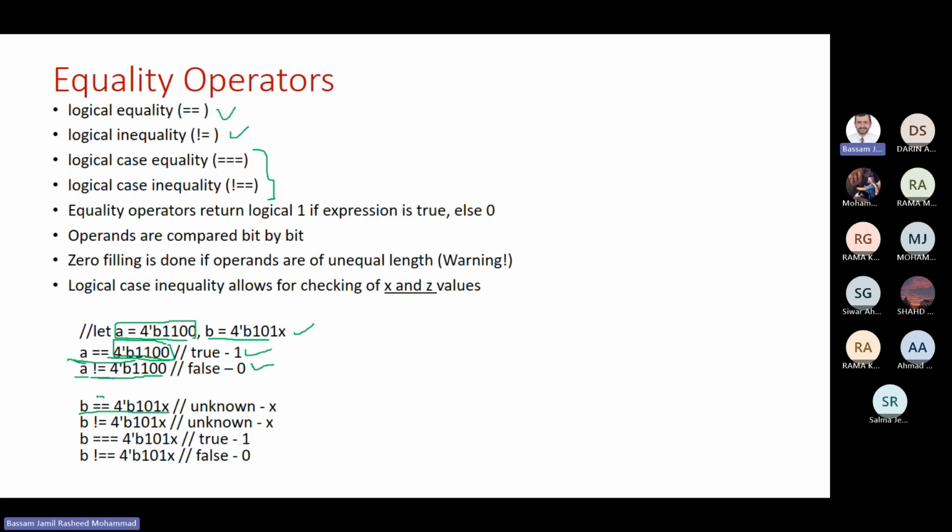No, because these two notations cannot compare x's, so you will get unknown. But these notations will consider x's. So here it will give you a 1, and here it gives you a false when you match or don't match. So these notations will allow you to compare the x's and the z's. That's why we call them case equality.